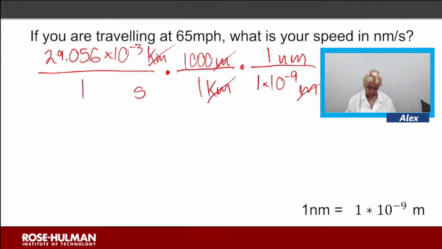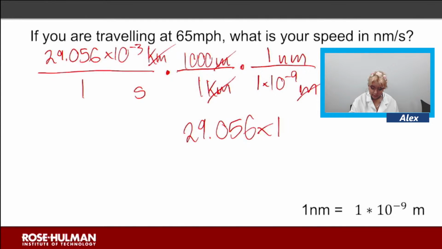We are going to multiply by 1,000 and then divide by 1 times 10 to the negative 9. And this gives us an answer of 29.056 times 10 to the 9 nanometers per second.